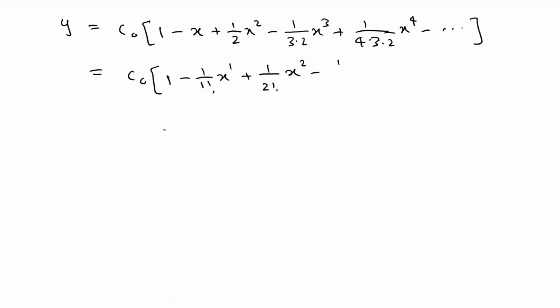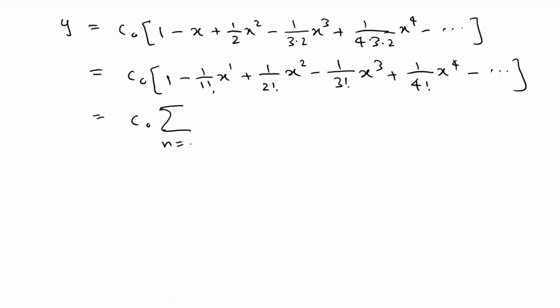This is 1/3 factorial x to the 3, like that. 1/4 factorial x to the 4, like that. So that means in general this is simply c0 sigma n going from, in this case, 0 to infinity, (-1) to the nth power over factorial n x to the n. You can write it like that.